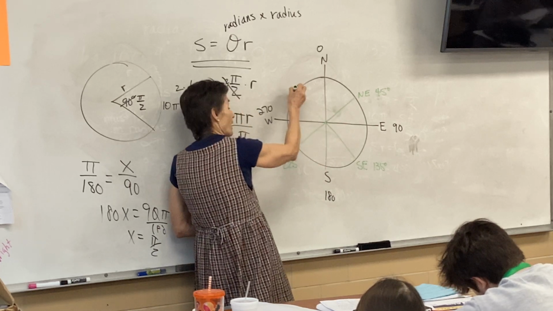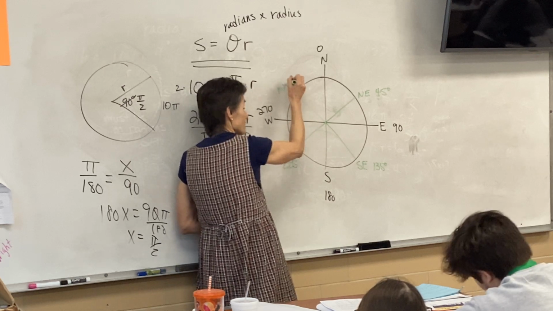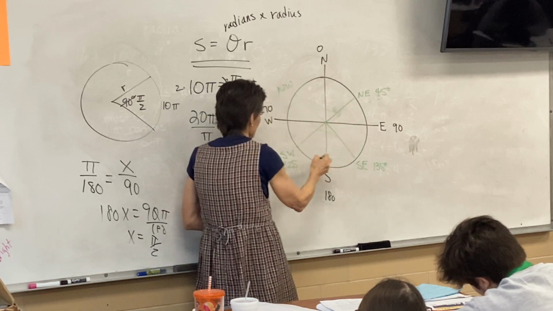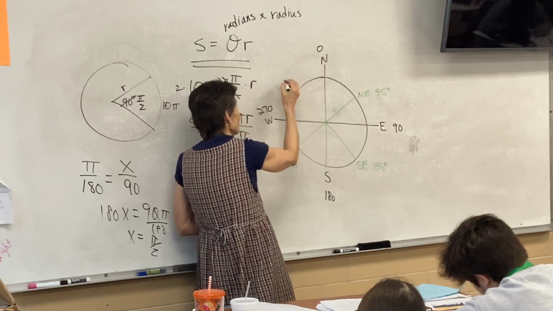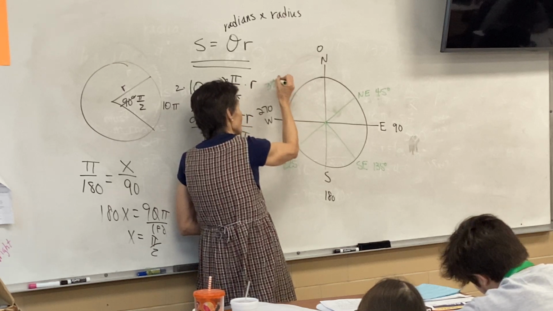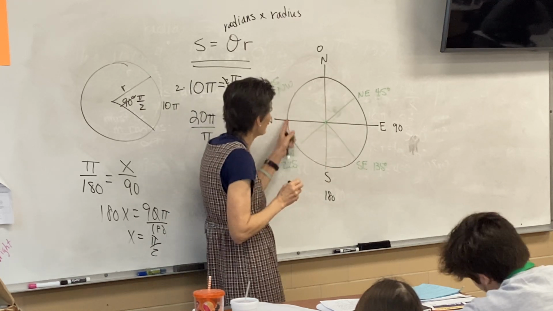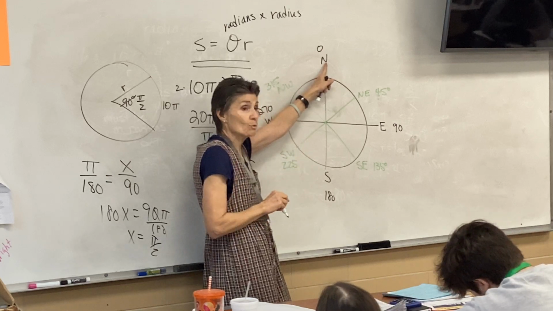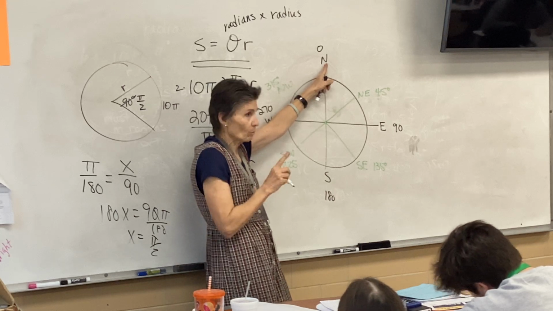And then this guy would be northwest, and he's 270, and another 45, 315. And then, of course, if we went all the way around, no one ever does this, but you could actually call north 360, but we don't, we call it 0.